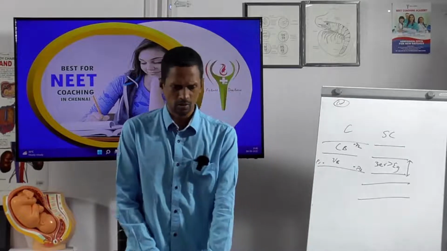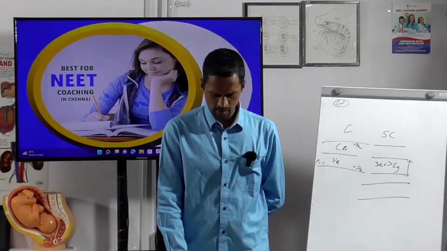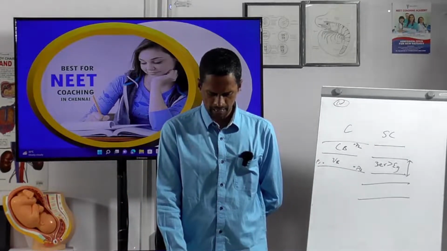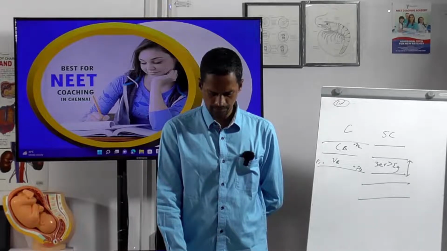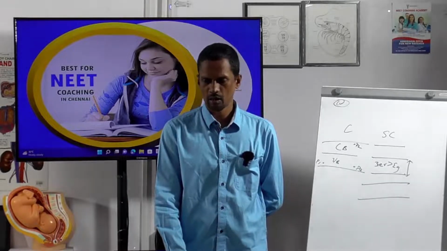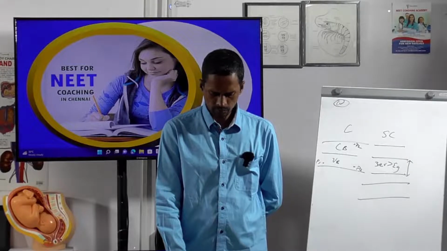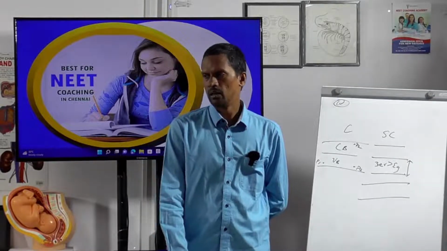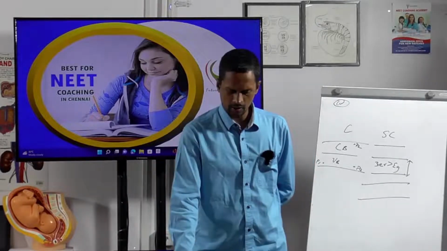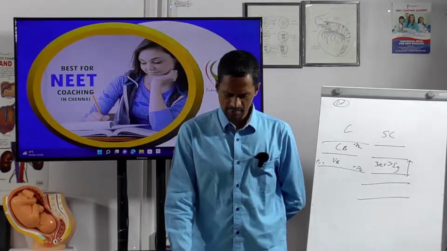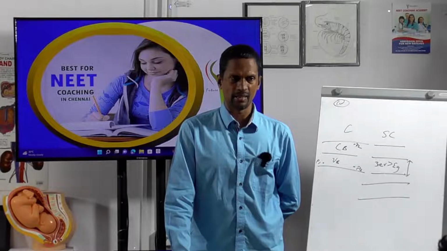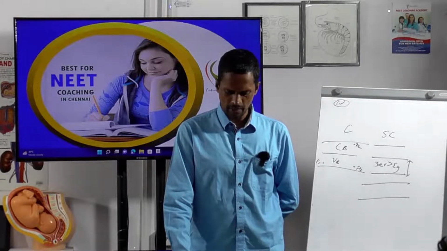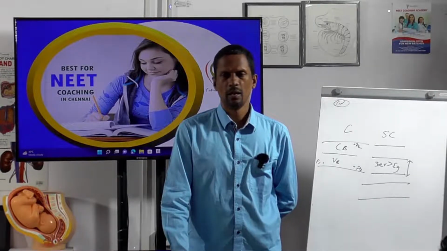Do you want to take this value? Sigma for metal is 10 power 8 Siemens per meter. What is sigma? Sigma is the conductance, equal to 10 power 8 Siemens per meter.